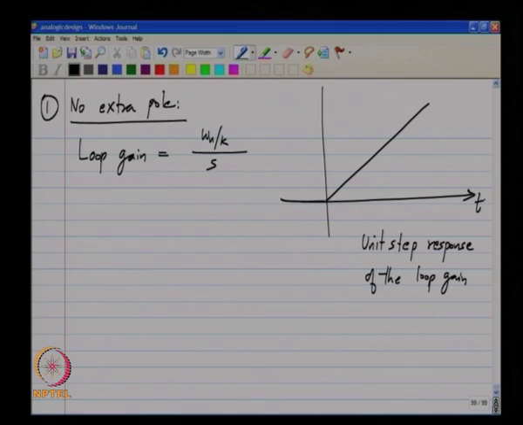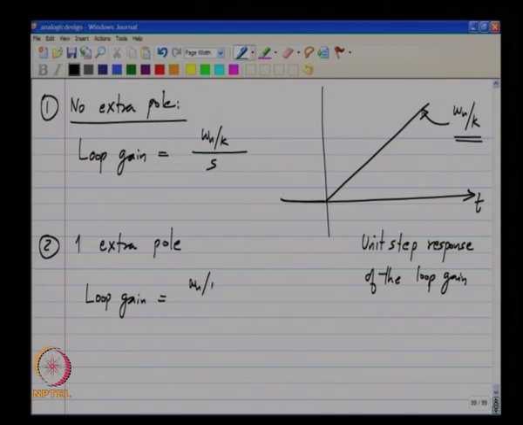This is time. The unit step response is a ramp, and the slope of the ramp is omega u by k. Okay. Now, let us say we have one extra pole, then the loop gain will be omega u by k divided by s 1 by 1 plus s by p 2.